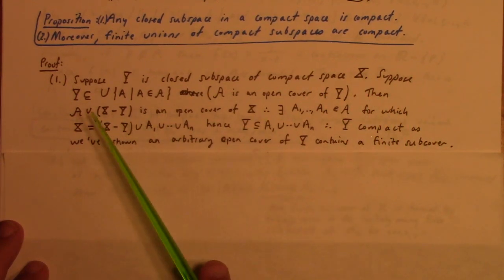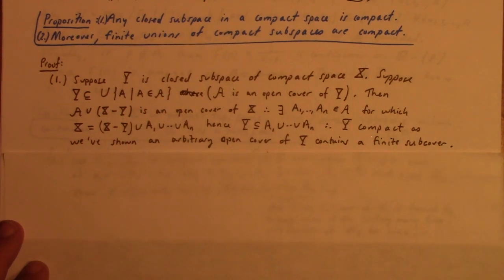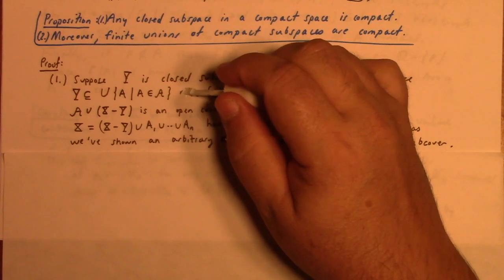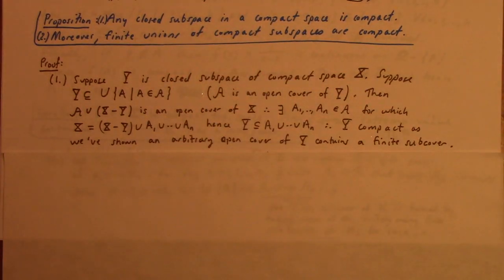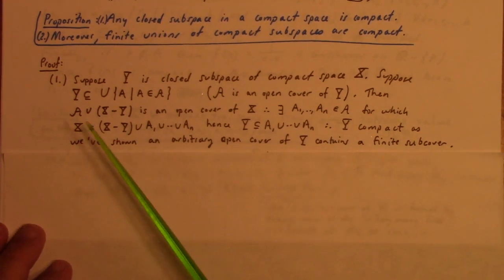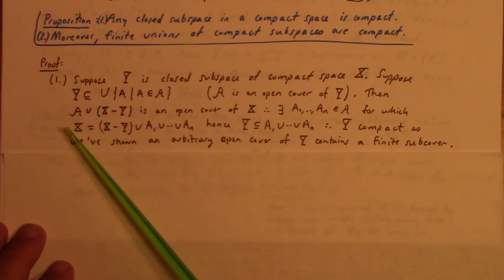So suppose Y is covered by some open cover A, all right? Then, lo and behold, if we take the open cover and tack on the complement of Y in X, well, that's an open cover of X because A covered all of Y, and of course X minus Y covers everything that's not in Y, so that's definitely a cover of X.